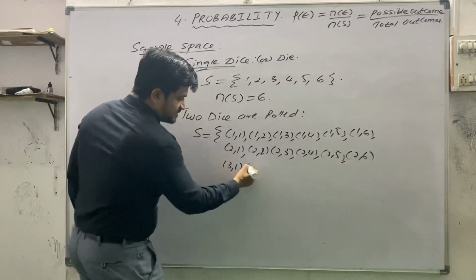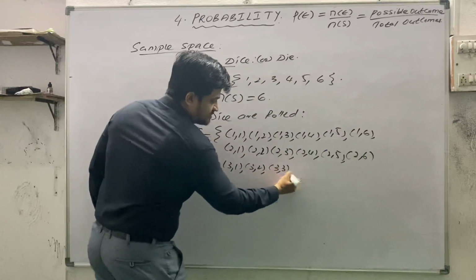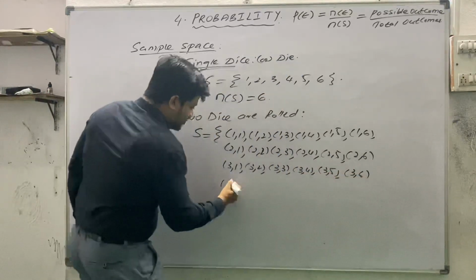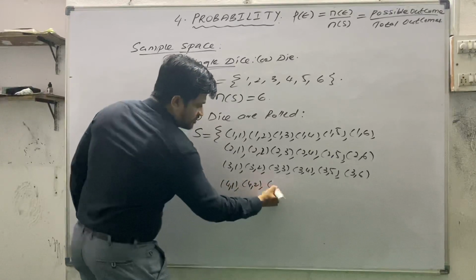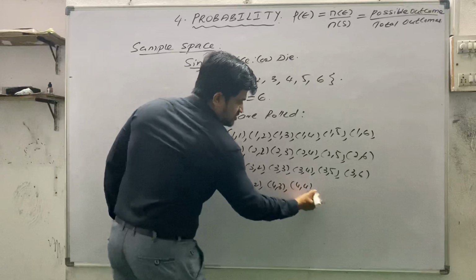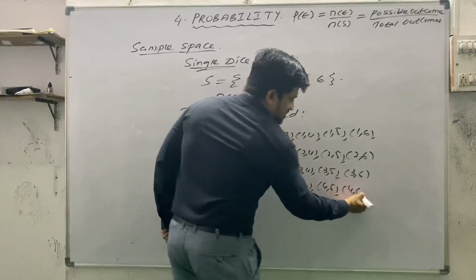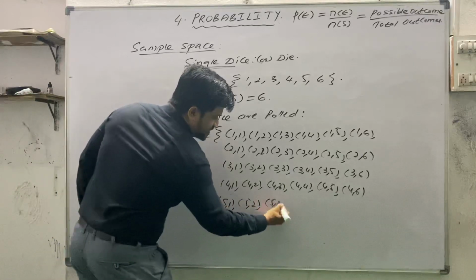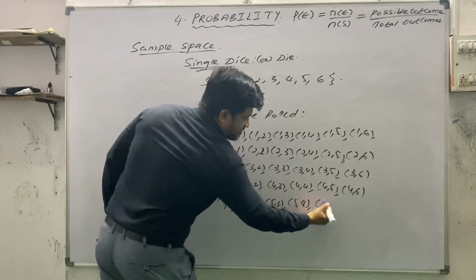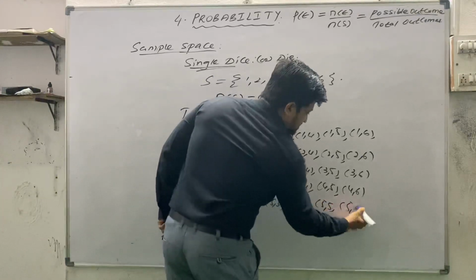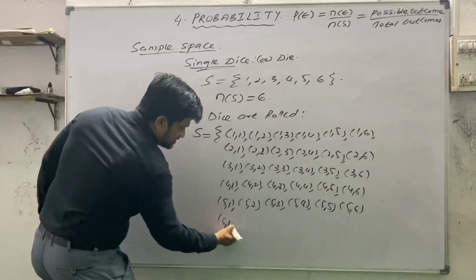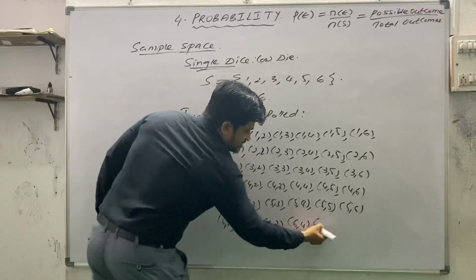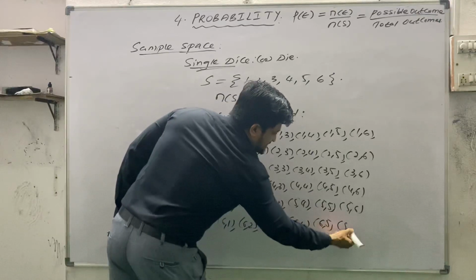Similarly, 3 1, 3 2, 3 3, 3 4, 3 5, 3 6. 4 1, 4 2, 4 3, 4 4, 4 5, 4 6. 5 1, 5 2, 5 3, 5 4, 5 5, 5 6. Then 6 1, 6 2, 6 3, 6 4, 6 5 and 6 6.